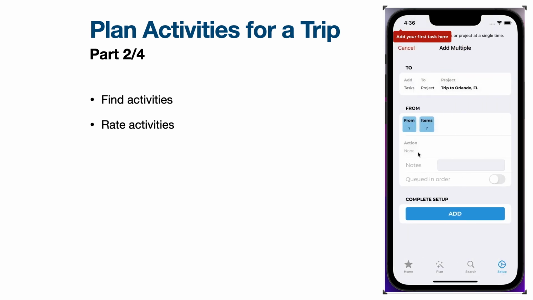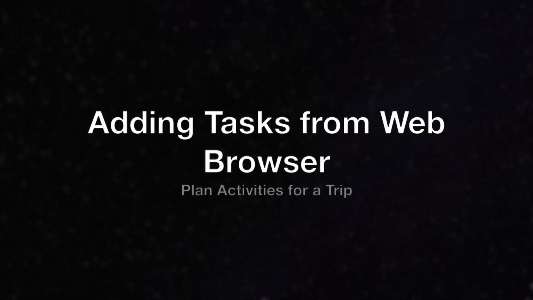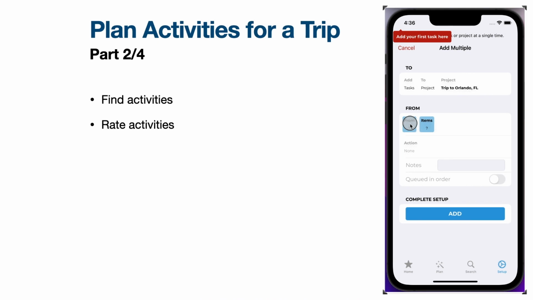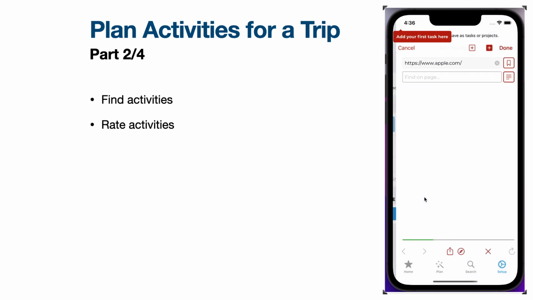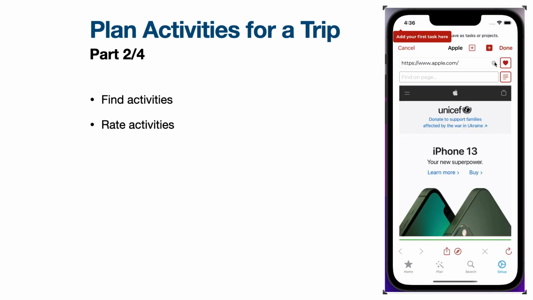And now we can add some tasks here. From the From menu, we'll choose Web Browser. And then we'll just do a search for some things to do in Orlando.